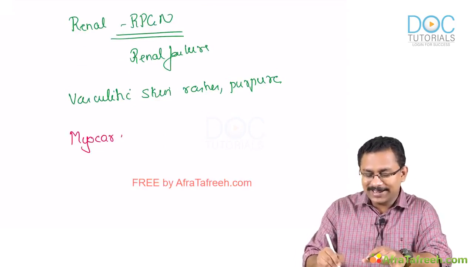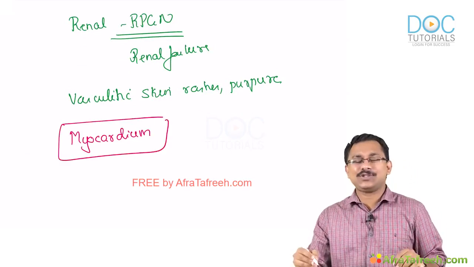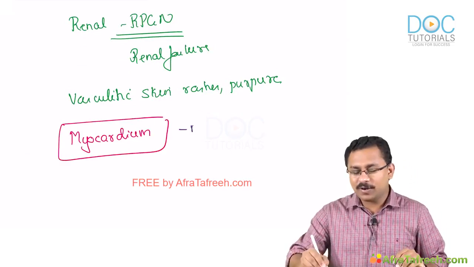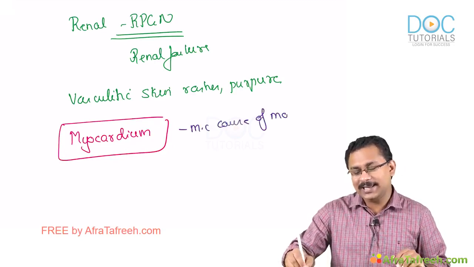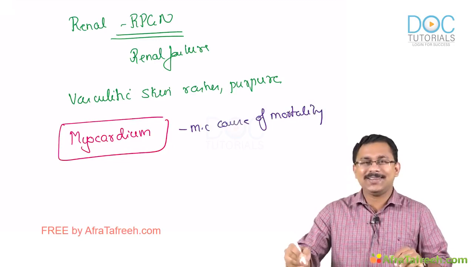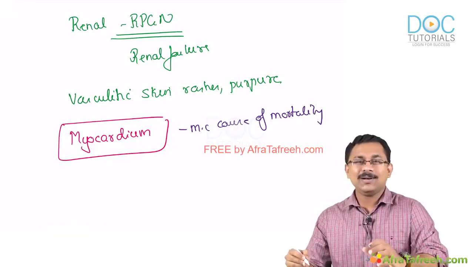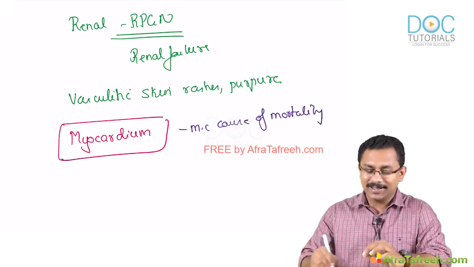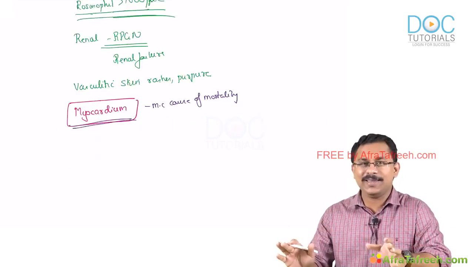So I am putting this in red for a reason: the myocardial involvement in Churg-Strauss is the most common cause of mortality. Morbidity definitely is due to the asthmatic episodes and the renal involvement, but mostly the mortality in Churg-Strauss vasculitis is because of myocardial involvement. Okay, so that is also very, very important.